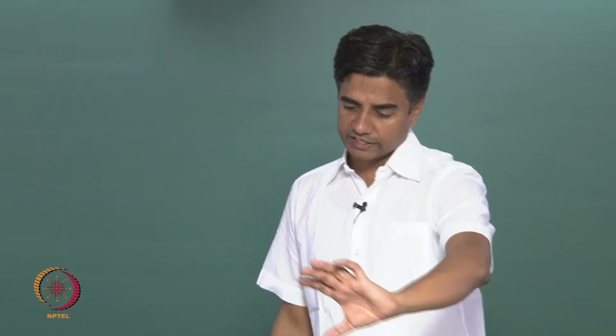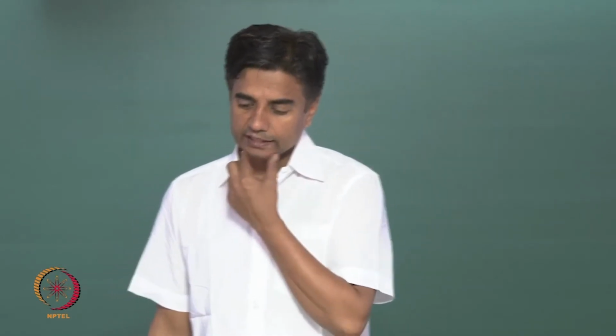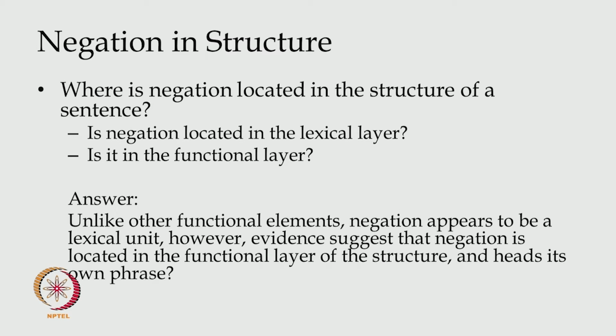Alright. So, having said that, without getting into too much of details, I want you to pay attention to the conclusion part of this, that unlike other functional elements, negation appears to be a lexical unit. What do we mean when I say unlike other functional elements? For example, tense, aspect, agreement markers.